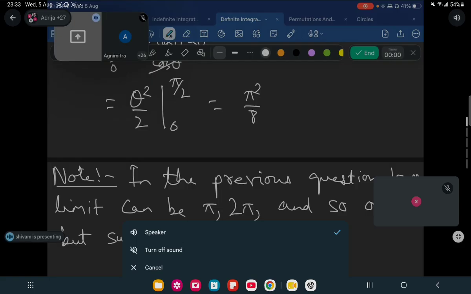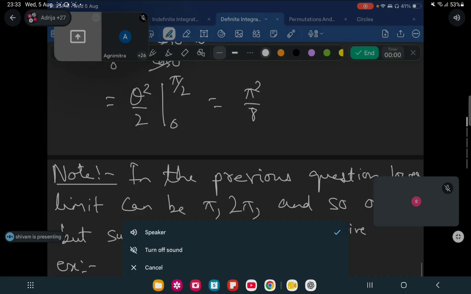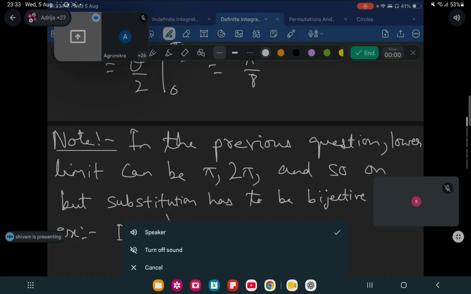What do I mean by this? And why does the substitution have to be bijective? Pay attention. For example, if you talk about the integral from -1 to 1 of x square dx, what is the integral, everyone? Tell me.